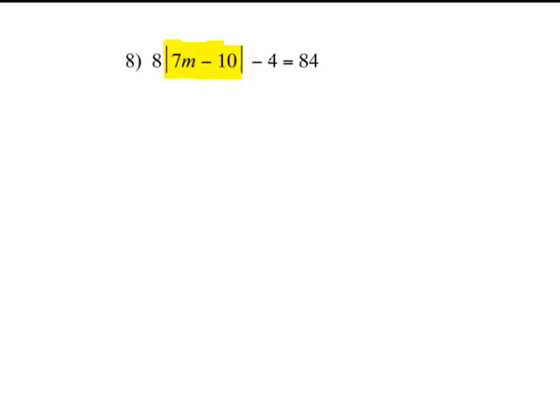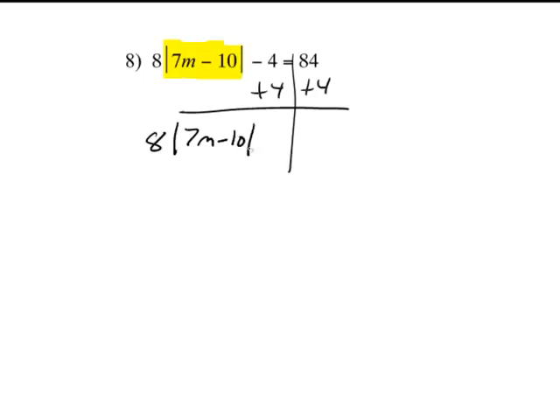So I'm going to get rid of that minus 4 first by adding 4 to both sides. That gives me 8 times the absolute value of 7m minus 10 equals 84 plus 4, which is 88.